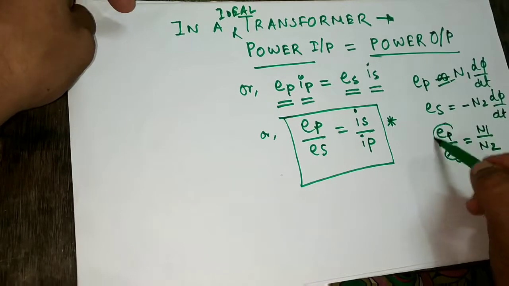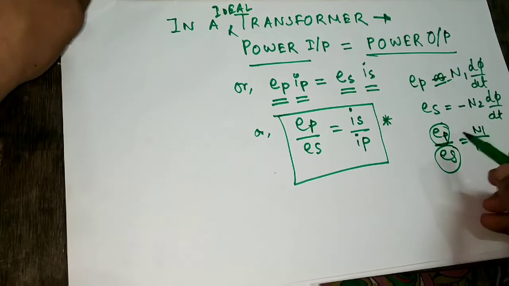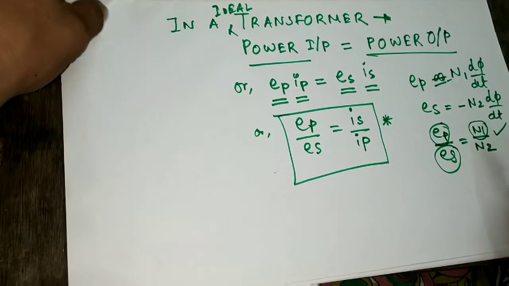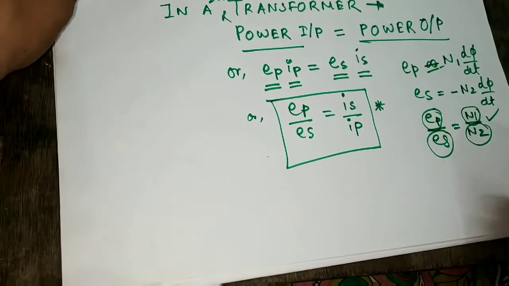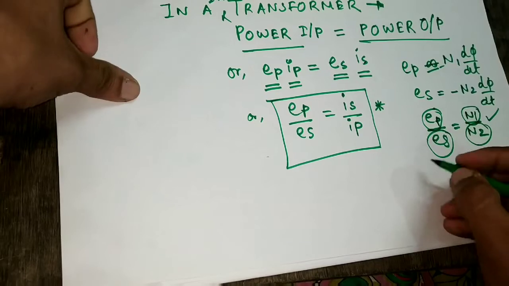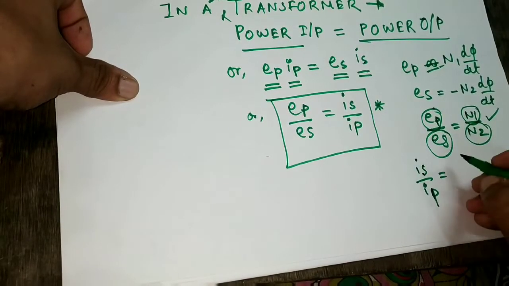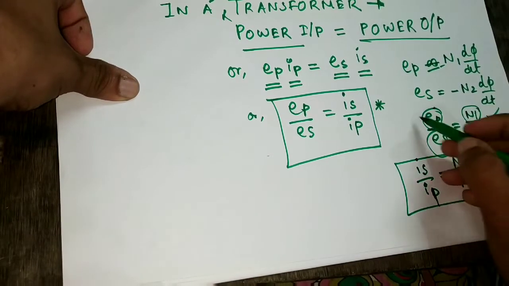That means the primary and secondary voltages differ by their turns ratio, the number of turns in the primary and the number of turns in the secondary. And you can see the currents in the secondary and primary are inversely proportional.